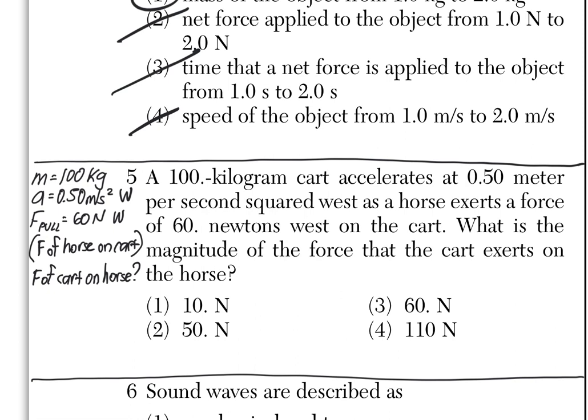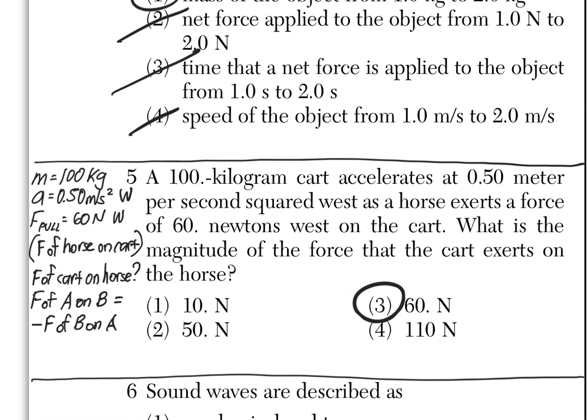So we know the force of the horse on the cart. And it's asking about the force of the cart back on the horse. So this is Newton's third law, where if you have two objects A and B, the force of A on B is equal to, and in the opposite direction of, the force of B back on A. So if the horse puts 60 newtons on the cart, the cart is going to put 60 newtons right back on the horse, so that is choice 3.